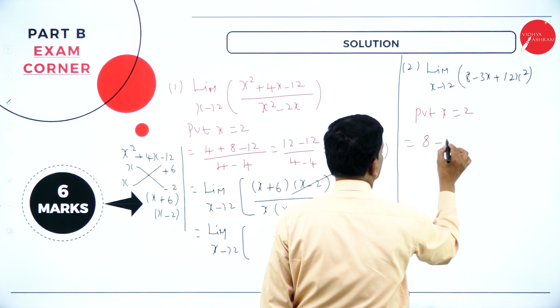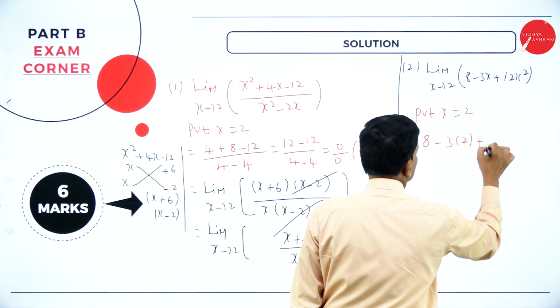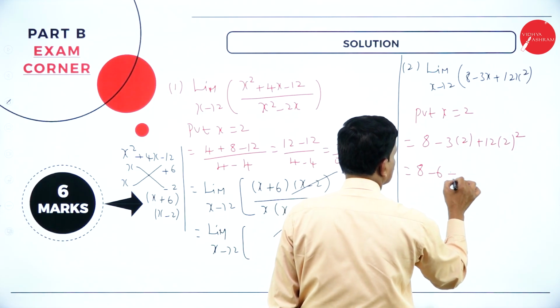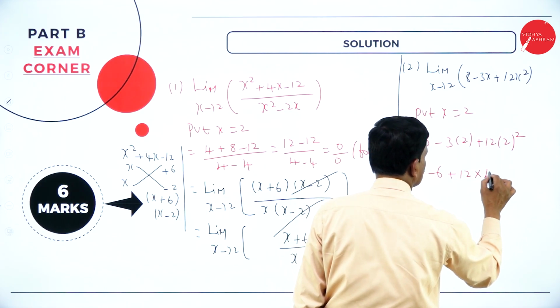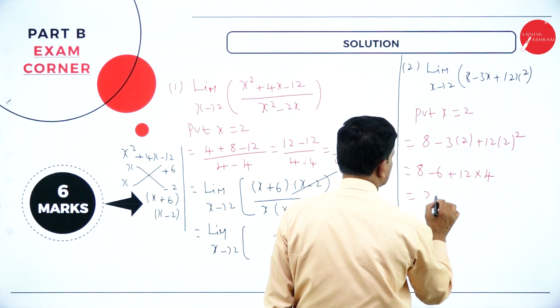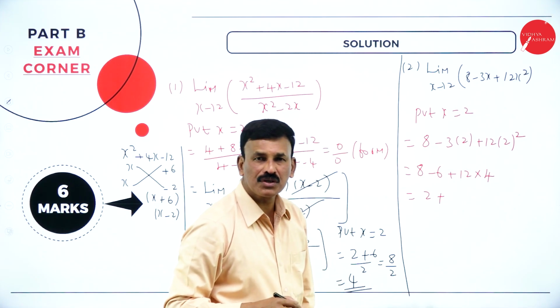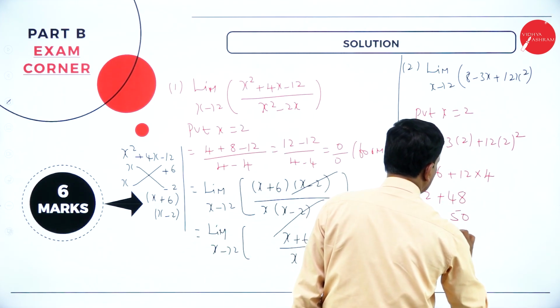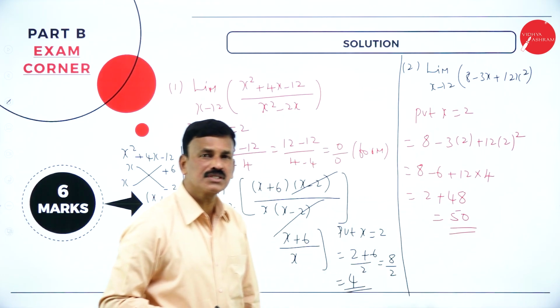Then this is 8 minus 3 into 2 plus 12 into 2 square. 8 minus 3 twos are 6 plus 12 into 2 square is 4. So 8 minus 6 is 2 plus 12 fours are 48. 48 plus 2 is equal to 50. That's it. So the value of this limit is equal to 50.